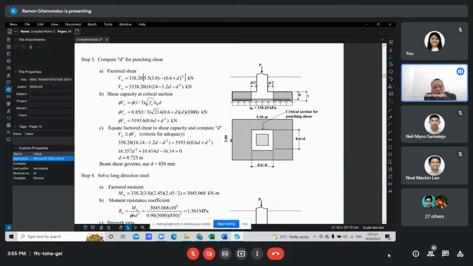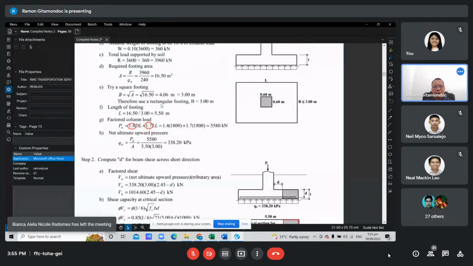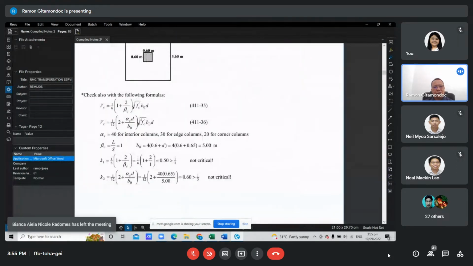So we have the calculation here. Then for shear capacity, we have V = 1/3 square root of f'c b0 d. But as noted before, there are still, I think, three more equations to verify. We still need to check the other two equations.